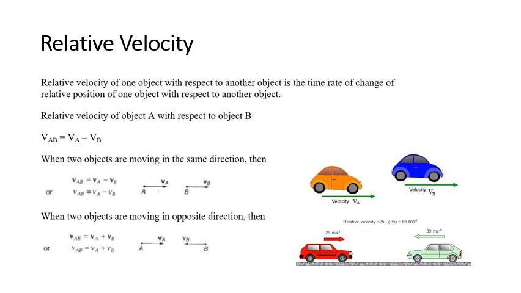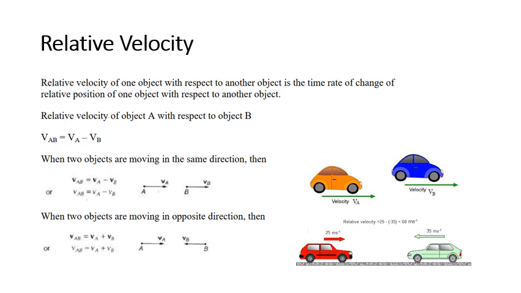What do you understand from this? See, it is very simple. What is the time rate of change of relative position of one object? We are comparing the two objects, right? So the rate of change of relative position of one object with respect to the other object. So look at the equation.